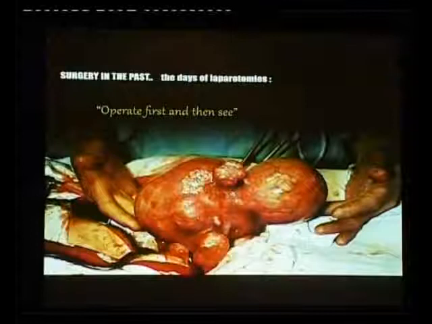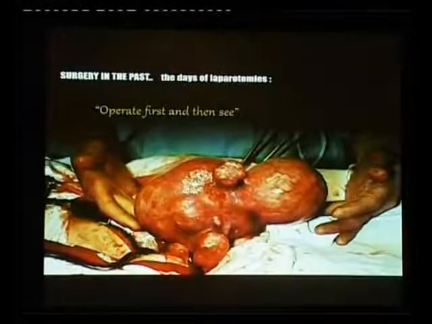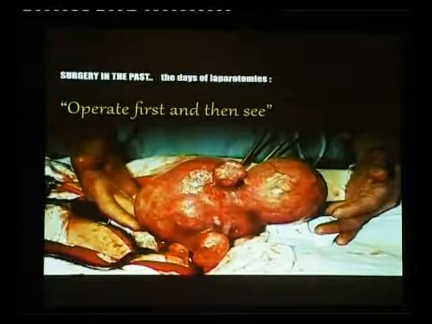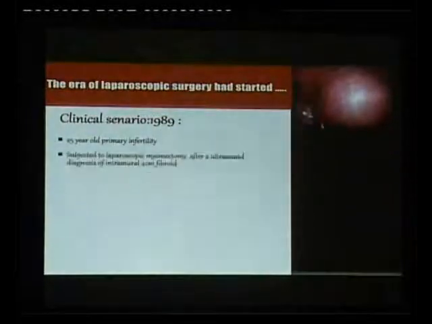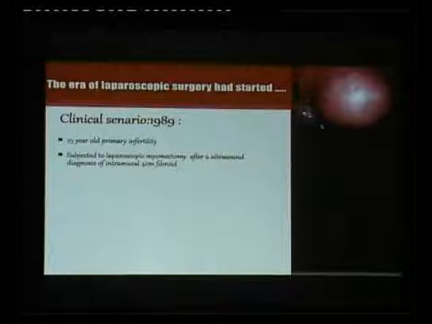Surgery in the past meant that we were dealing with laparotomies, where we operated first and then saw next. Then came the era of laparoscopic surgery, and this is the case scenario of 1989.